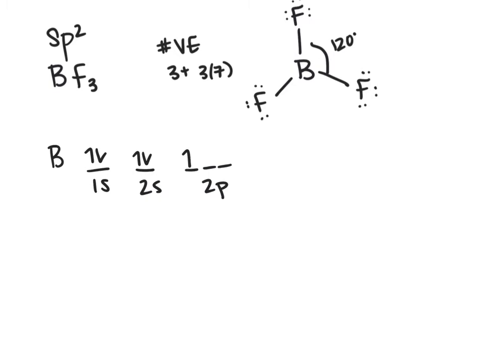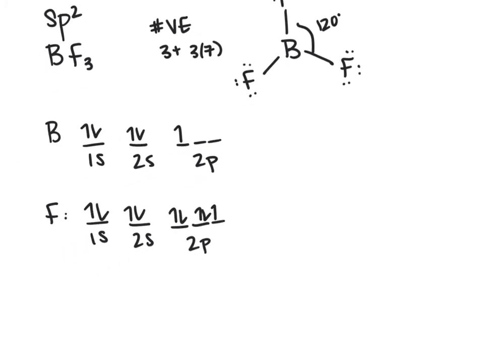We again know that fluorine is the 1s, the 2s, the 2p, and its electron configuration looks like this. So we can use the p orbital to interact, but we need 3 equivalent orbitals.